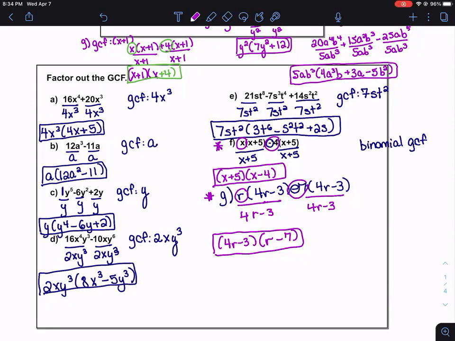Yes, so in F, I mean, in all of them in general, when we factor out x plus 5 first, do we need to put it in parentheses, or can we just leave it? Yeah, so for F, G, and the other G that I modeled for you guys, you would want to put that in parentheses because you are factoring out a binomial or a 2-term expression.